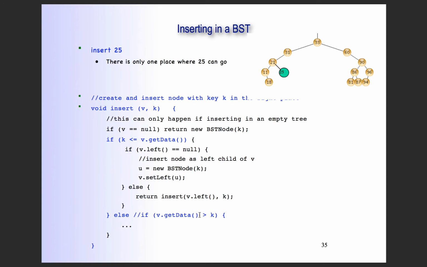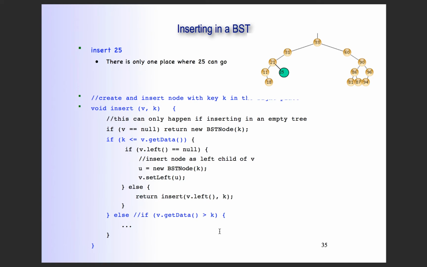If your data is greater than the value of the node, then it goes to the right child and does the same things. If the right child is null, then it inserts the data. If the right child is not null, then it goes further right.